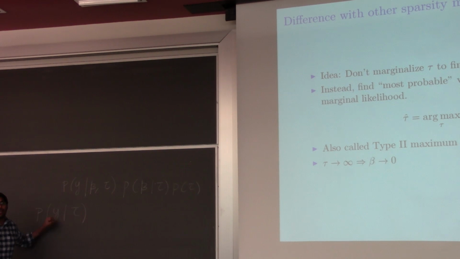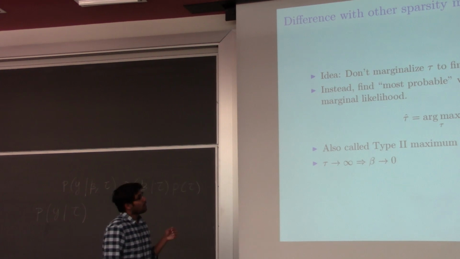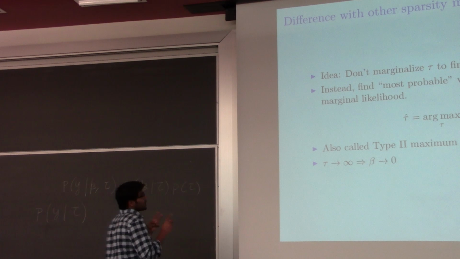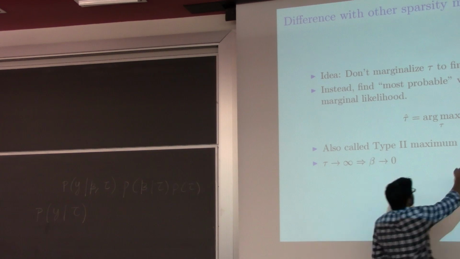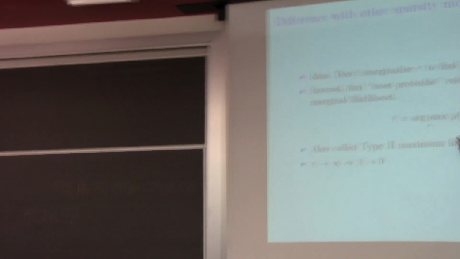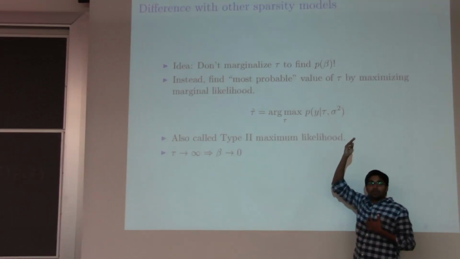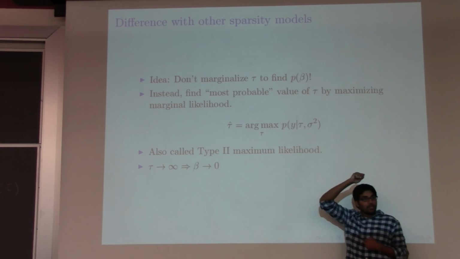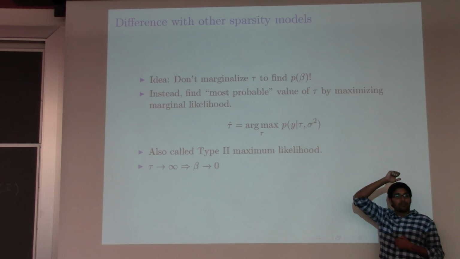What is the best value of tau which maximizes this line? And there are two things here. Sometimes you may be able to compute this, sometimes maybe not. So you approximate. Right? Are there any questions? Is something not clear?